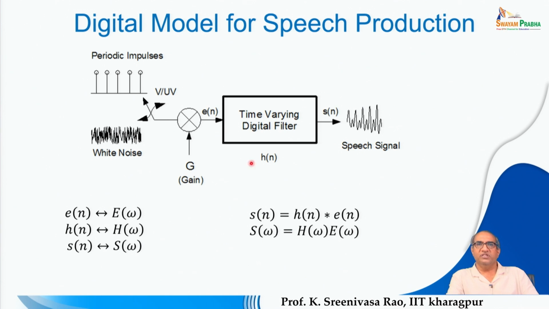And we can view the speech production system as a digital system, from a machine perspective, like this. This is your time varying digital filter, nothing but your vocal tract system, or you can say the supraglottal system. Suppose the excitation is the vocal folds excitation, then the entire cavity above the vocal folds can be viewed as the resonator.